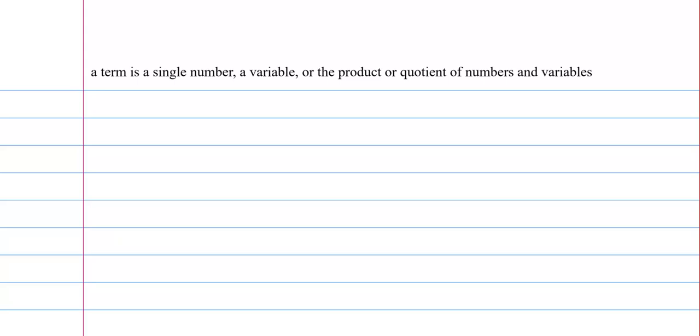Today we will talk about algebraic expressions, especially variables, constants, coefficients, and like and unlike terms. So let's move on. What is a term? A term is simply a single number. It can be any number, negative or positive, or a variable, or the product or quotient of numbers and variables.